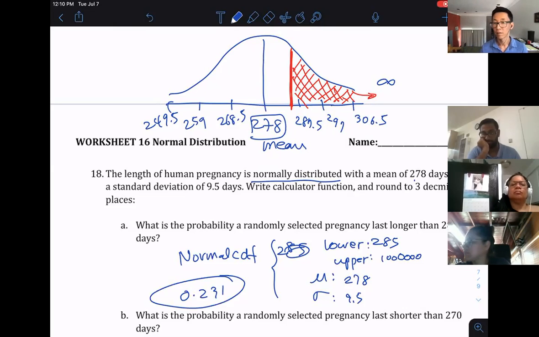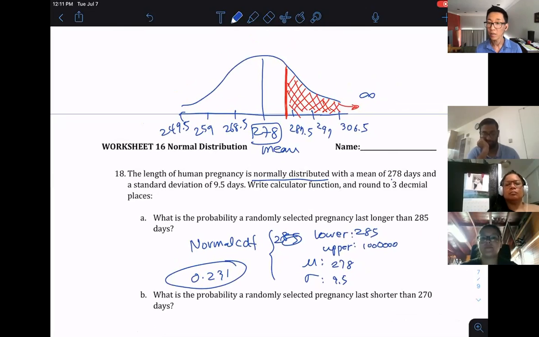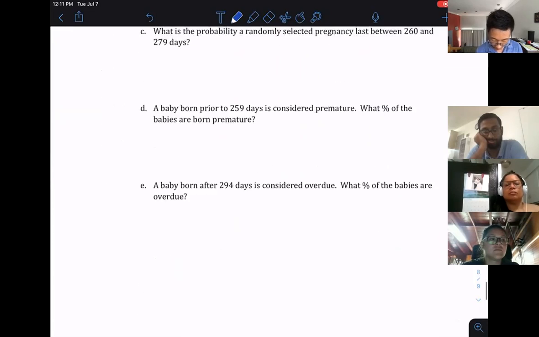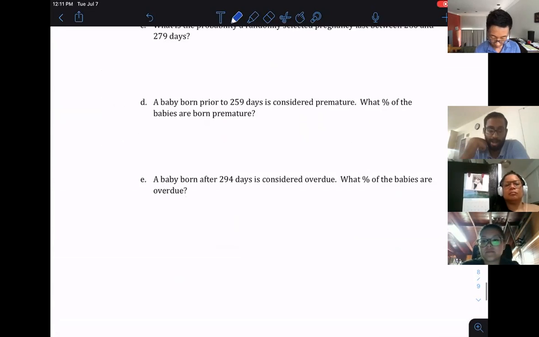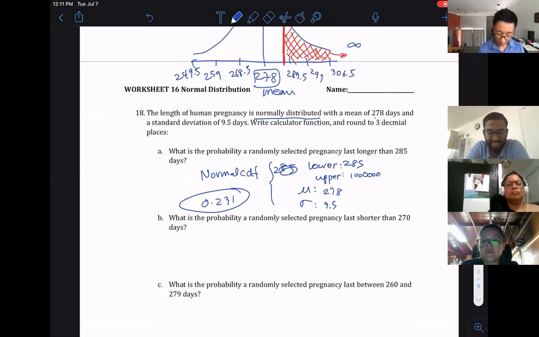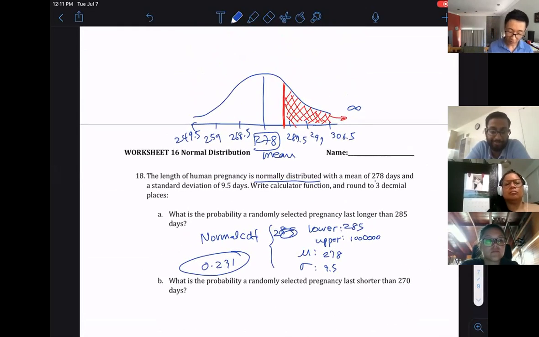All right. Any other questions on the normal distribution part? How about if the question was something like this?